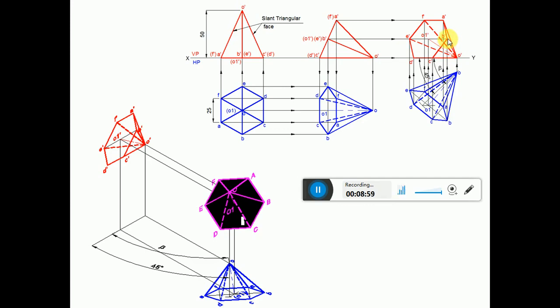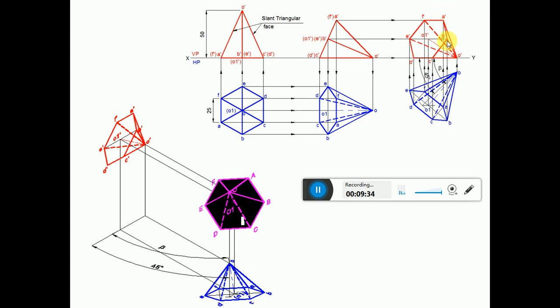Next, what is left out is only B dash O dash. Since B dash is not on the boundary, from the point B dash we have three edges emanating out from that point, which are B dash C dash, B dash A dash and B dash O dash. Already B dash C dash and B dash A dash are visible. From a point, if one of the edges is visible or invisible, then all other edges emanating from that point will be visible or invisible.